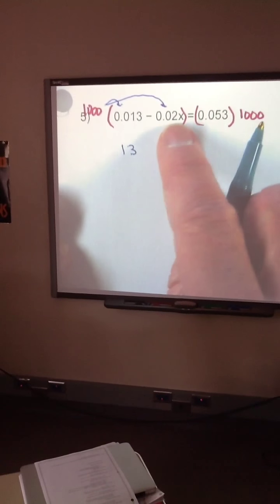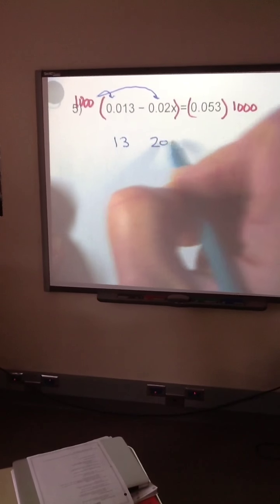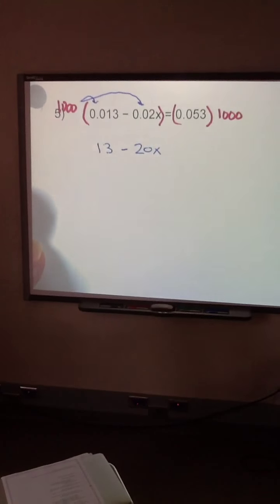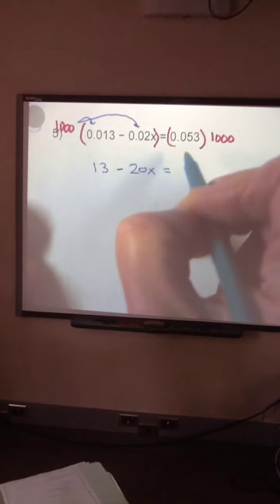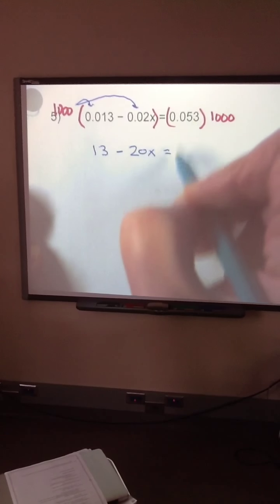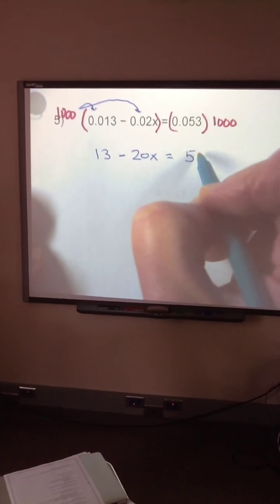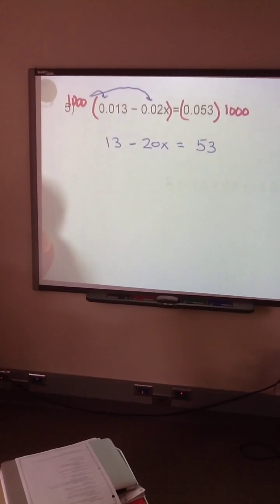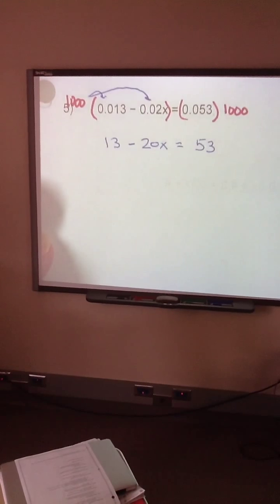So this will actually become 20x. Again, a subtraction sign there would mean a subtraction sign there. And on the right-hand side, when I multiply by 1,000, it moves it 3 decimal places, and so that just becomes the number 53. I've eliminated all the decimals from the problem. I've made it a very simple problem to solve.